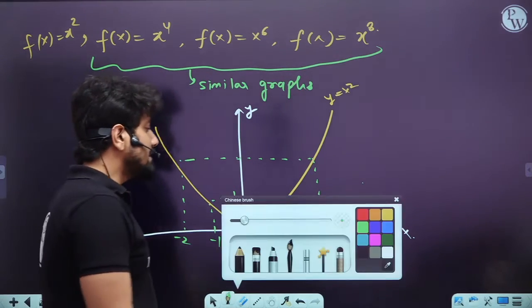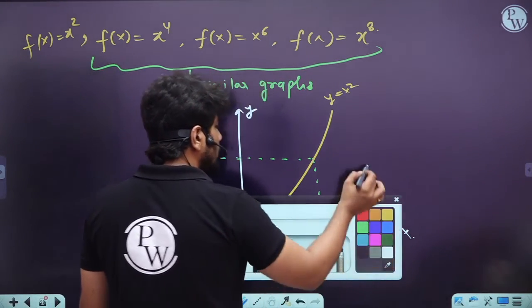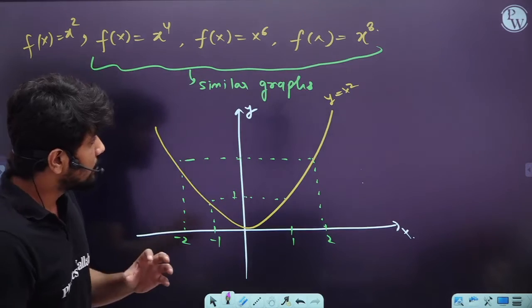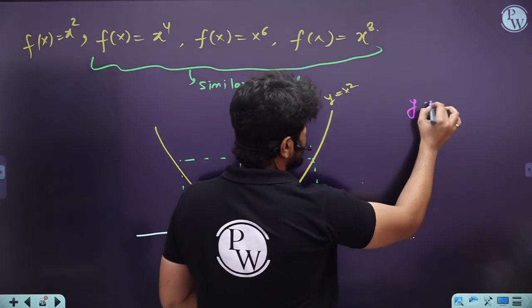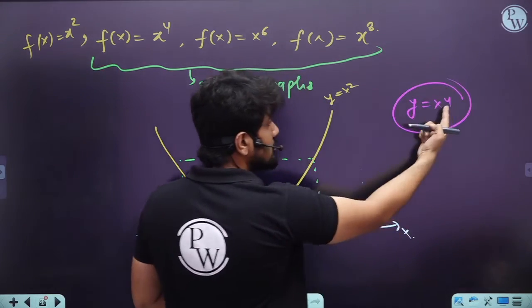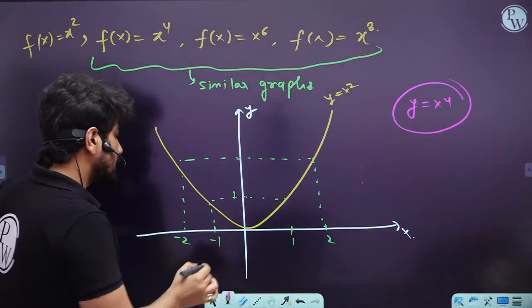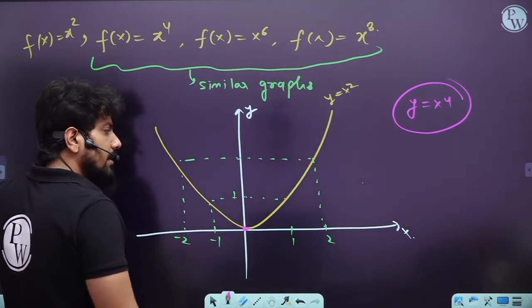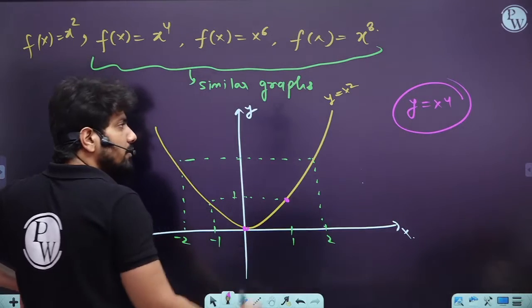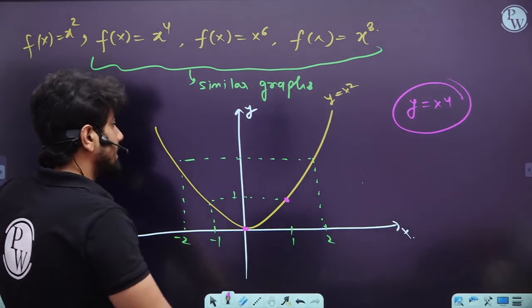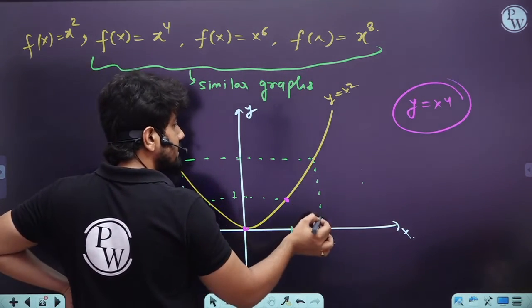The graph of y is equal to x raised to the power 4 will look like what? If I want to draw the graph of y is equal to x raised to the power 4, at x is equal to 0, y is still 0, so that is also passing through this point. At x is equal to 1, y will be 1 only for this one. But at x is equal to 2, y will be 16 now.